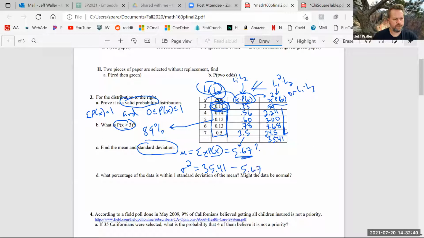Minus the mean squared. You're going to have these formulas. I am not going to put this here. You're going to look at this formula. You're going to cover up the sum. Oh, I need a bunch of x p of x's. Let me make a column of x times p of x's so I can add them up.